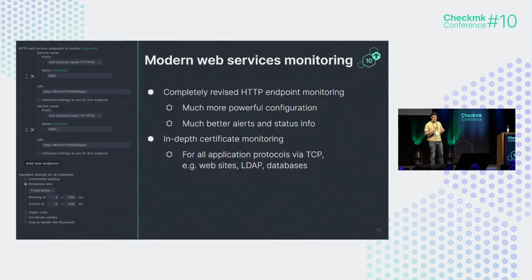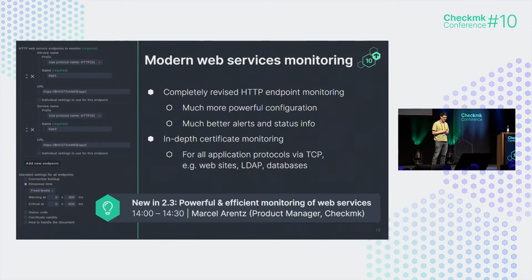And besides just doing this, we also added in-depth certificate monitoring, so that you not only monitor HTTP endpoints for the certificates, but basically anything with a TCP connection. And more on that later in the talk by Marcel.